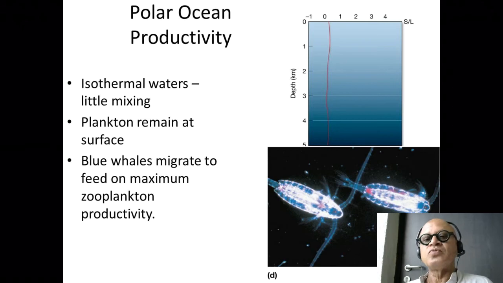Okay, so this is the profile from sea level down to the bottom. The waters are basically isothermal and very cold, which means the nutrients are also very plentiful, but the buoyancy of the diatoms helps them remain near the surface.